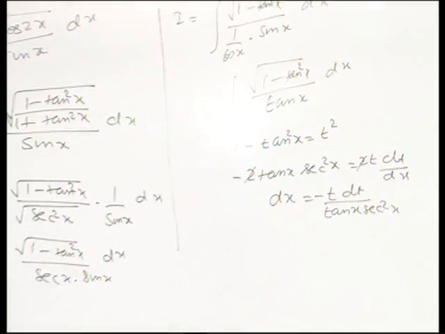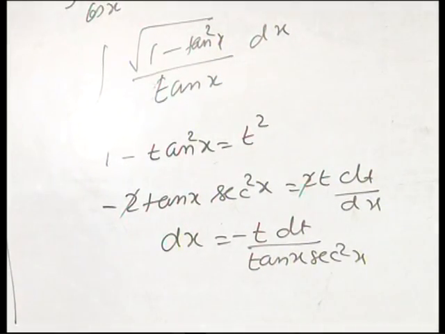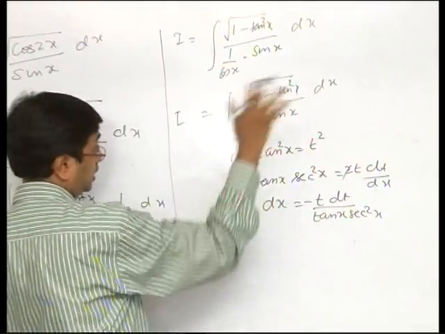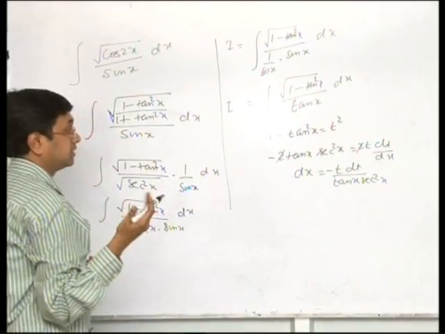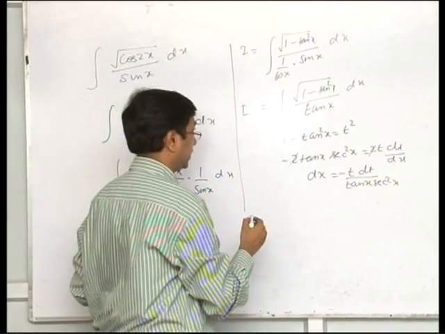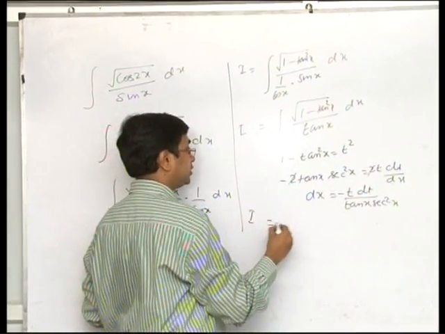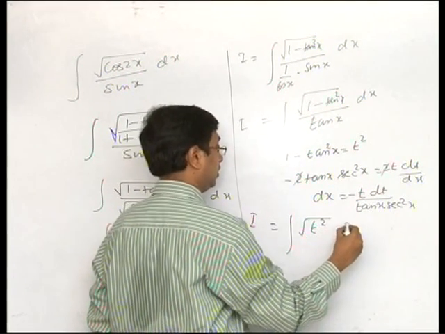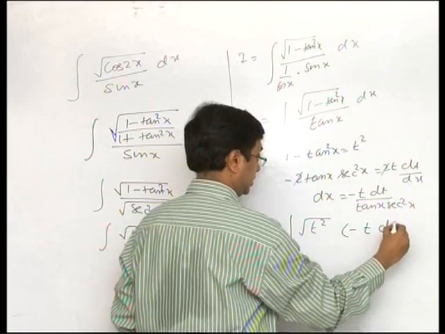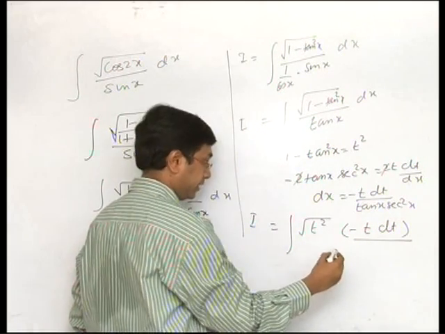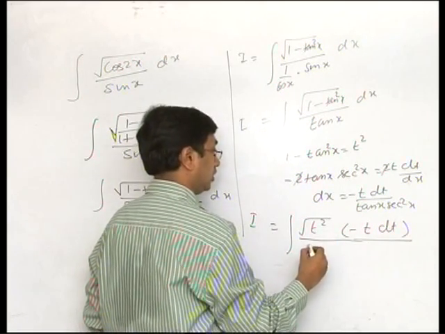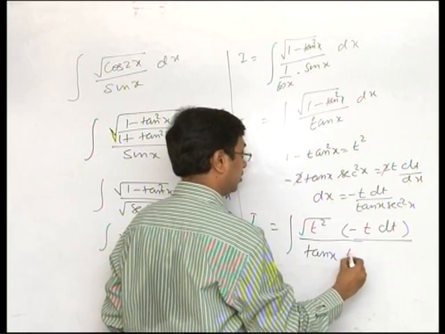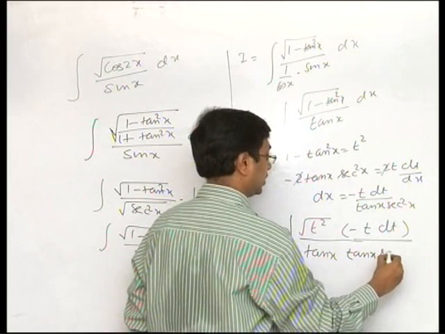Have a look. Now the I which is there, obviously there is nothing coming as dx is getting substituted, no values merging. So now when we substitute back, instead of this you can put t square, very good, minus t dt, and tan x, and we have one more tan x and sec square x.